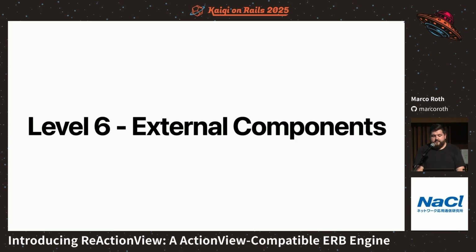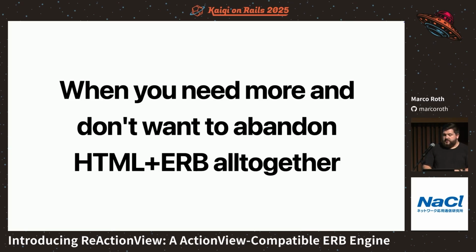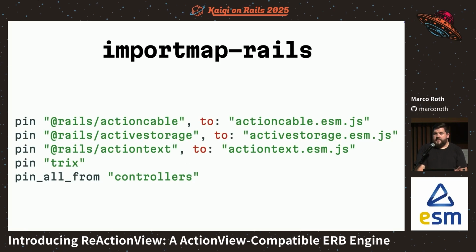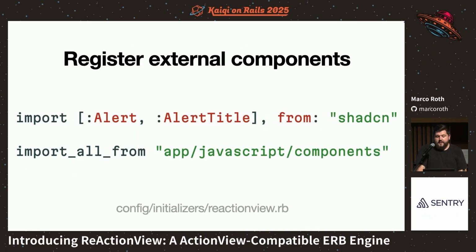And then finally, say we have external components. So when you want to do more and don't want to abandon ActionView altogether, only on certain pages you can use these components. The idea here is that you can do it similar to importmap-rails, where you have all these pins that you can say, please import these components from this package you might have, or import all components from this folder in my app.